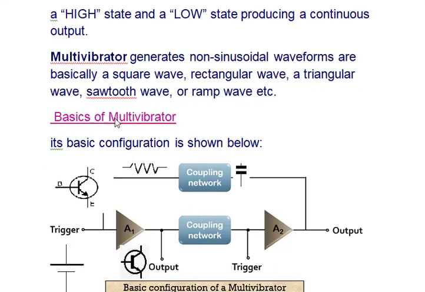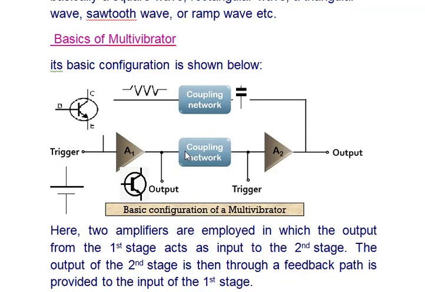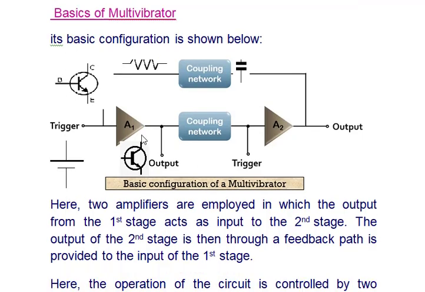We will see the basics of the multivibrator. The following diagram shows the basic configuration of a multivibrator. The multivibrator mainly consists of two amplifiers. The amplifier is constructed using a transistor.